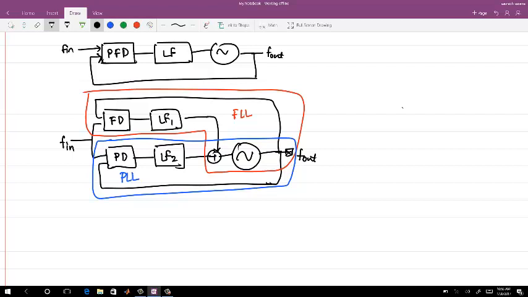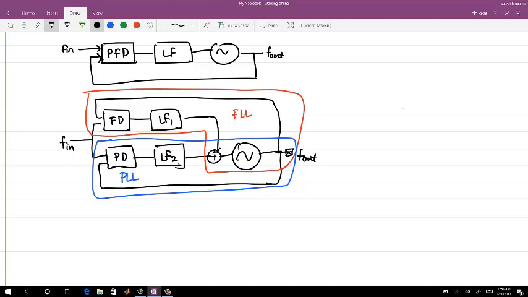But when your phase lock loop is working to recover the phase, if in that time your frequency changes, because you are controlling the voltage, so you are controlling the frequency, whether your FLL will come into the picture or not, it will get activated, right? So that is the same thing: the two loops are controlling the same thing.